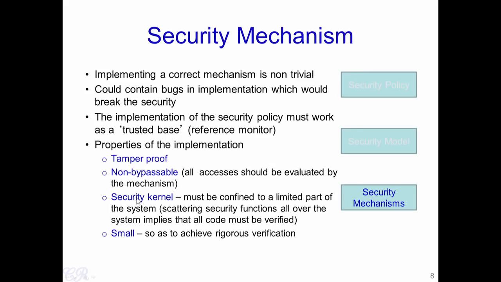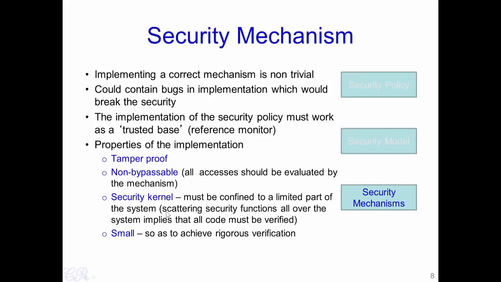Then it should be a security kernel. What this means is that the entire implementation of the security policy should be confined to a limited part of the system, and it should not be scattered into various parts of the system.